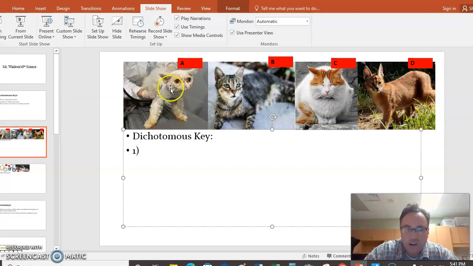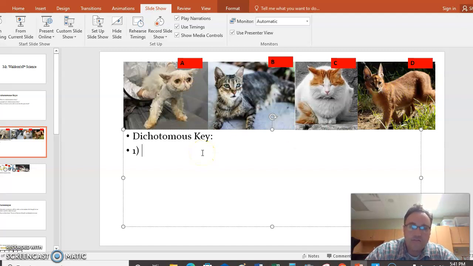So here we have four cats, A, B, C, and D. Now the first question: we see that some of these are similar, right? But this one right here is clearly probably some sort of bobcat or lynx, but it's not like a normal house cat.